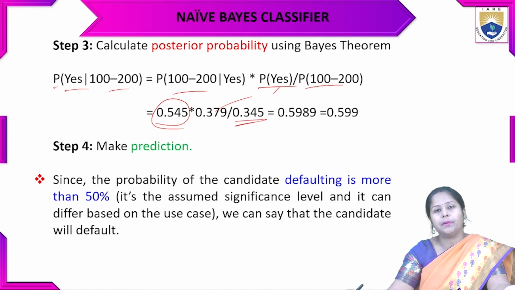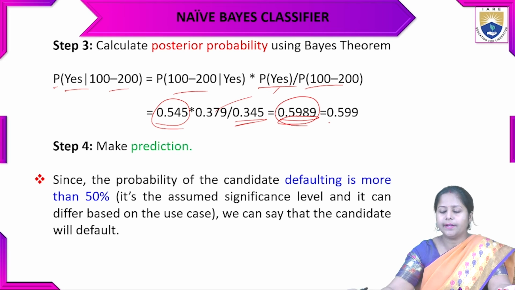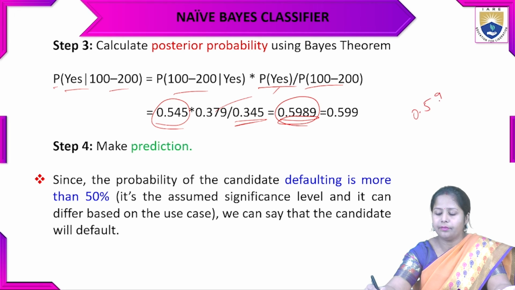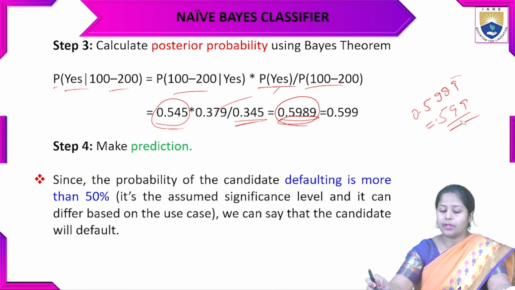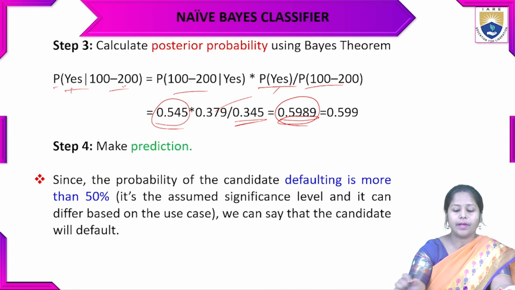The result comes as 0.5989, which we can round to 0.599. That is the conditional probability P of yes given 180.